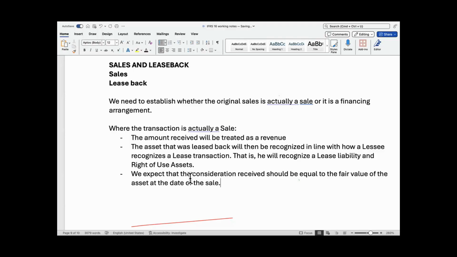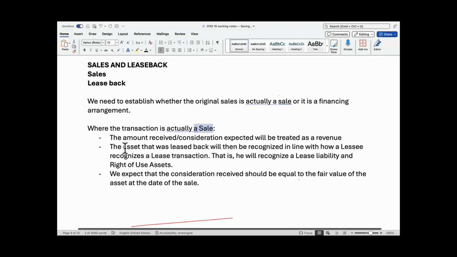So what we are saying here is this. We said the transaction is a sale, and we have recognized the consideration received or expected, the money we're expecting. We recognize it as revenue because it's a sale. And remember that we leased back the asset, so he becomes a lessee.